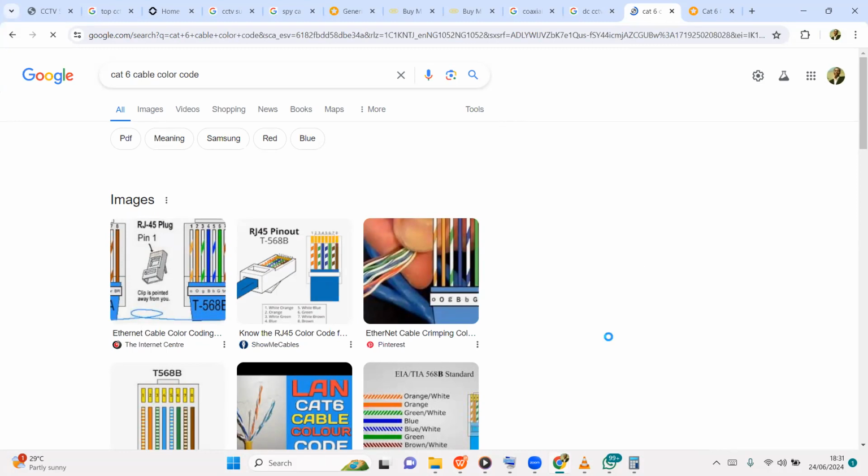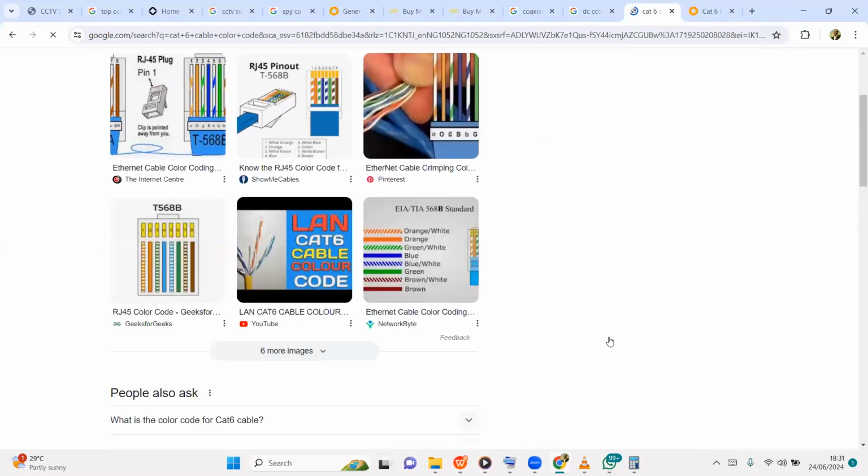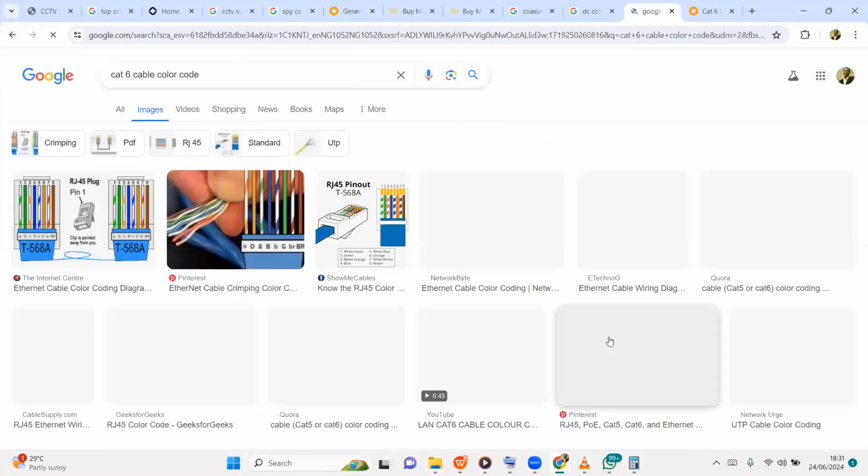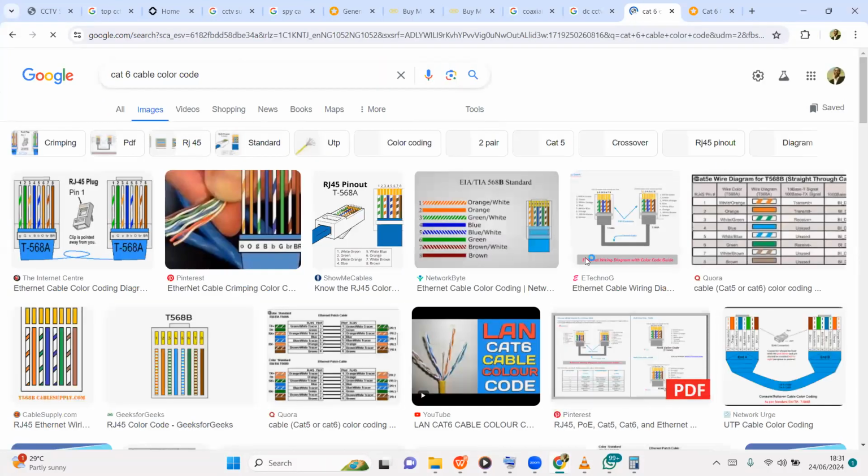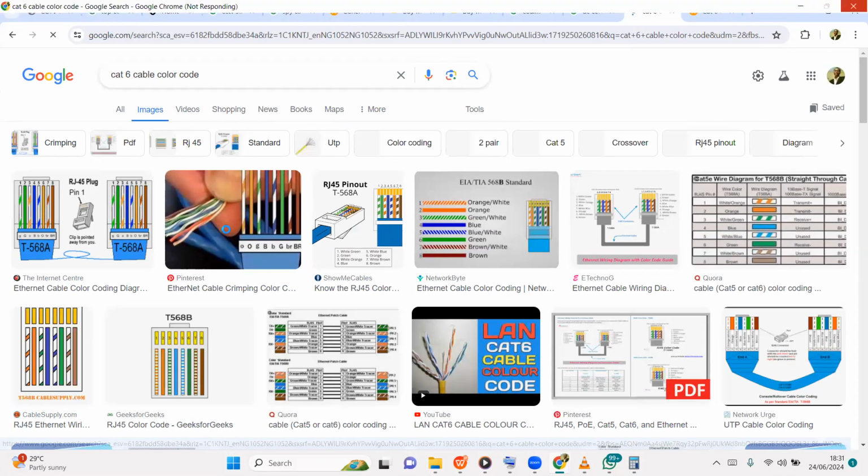Of these 4 pairs, you're going to use 2 for power and 2 for data. That's how you use the Cat6 cable to power your cameras. So 2 are going to go to data, to your NVR, then 2 are going to go to your power supply.